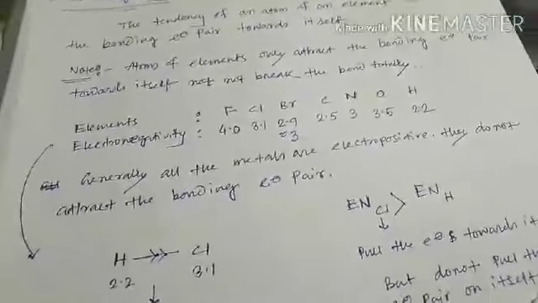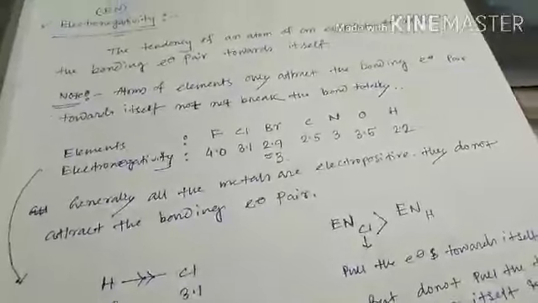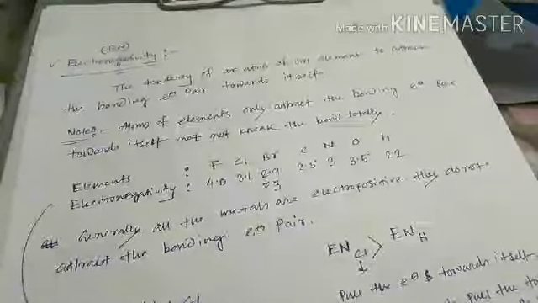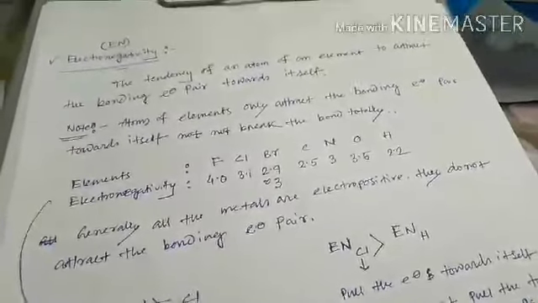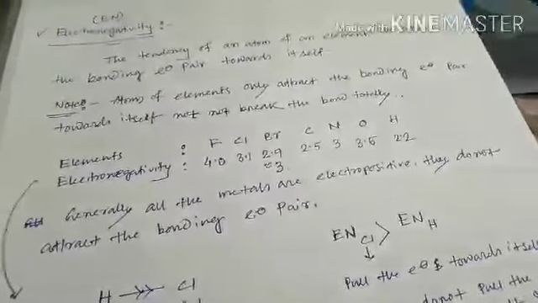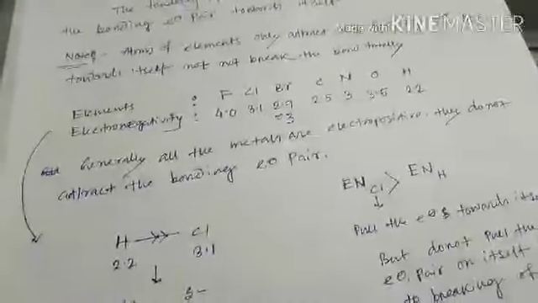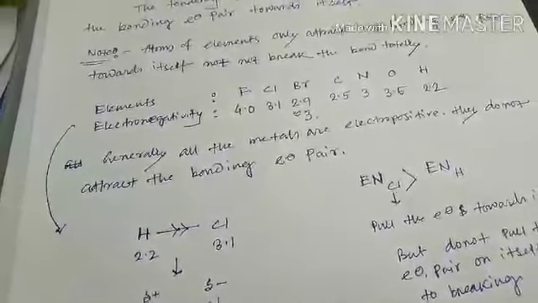The greater the electronegativity value, the greater the attractive pull of that atom towards the bonding electron pair. Chlorine has 3.1, a greater electronegativity value than hydrogen, so the bonding electron pair will be attracted towards chlorine.